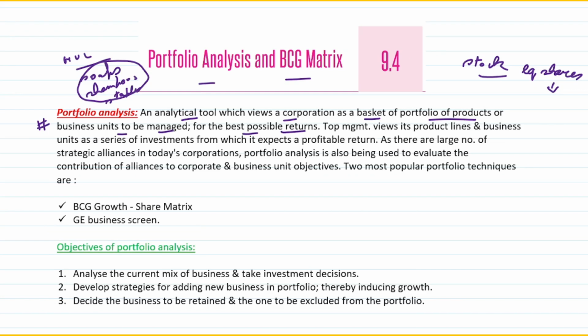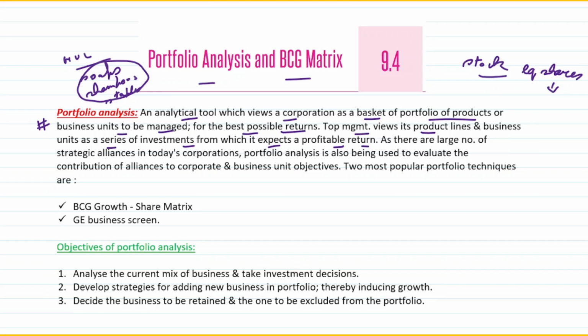Now, top management views its product lines and business units as series of investments from which it expects a profitable return. So the top management that is there in the organization, that is the chairman, CEO, etc. How do they view their product lines? Product lines can be either product or the services, and all their business units. So basically, when we talk about portfolio analysis, it's a composition of two things.